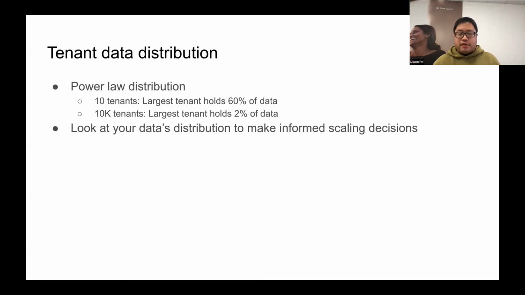And there are many small customers that may only consume a small portion of your resources. And the challenge with SaaS is not only about the 80-20 rule, it's also about the unpredictability of which tenant will become large over time. And you need to prepare for that.